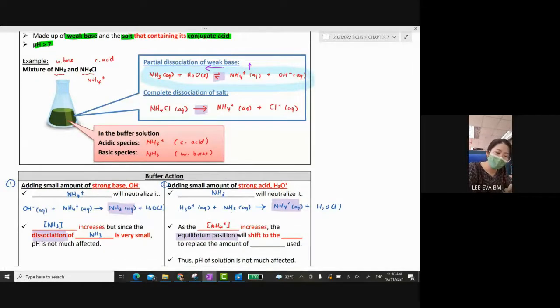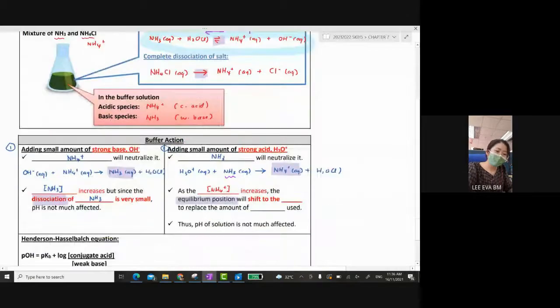Just now we used the weak base, right? So we want to replace it. So the equilibrium shifts to the left to replace the amount of NH3 used. This sentence might be a little complicated, but you need to read through it a few times and refer back to the equation. And try to explain how this relates to buffer action.